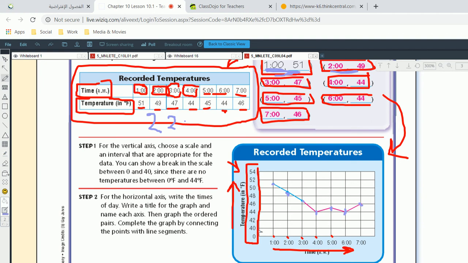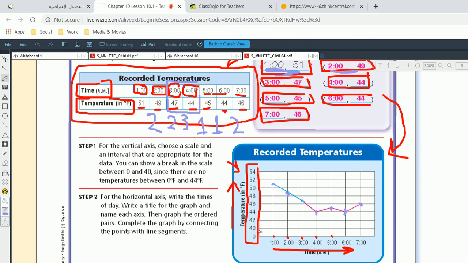47 and 44, it will be 3. 44 and 45, subtract them, it will be 1. The next one, 45 and 44 is 1. 44 and 46 is 2. Then, between which times is the greatest difference between these two numbers?